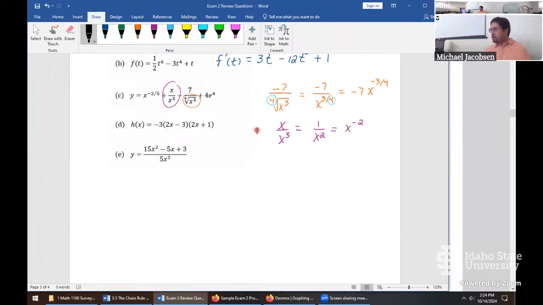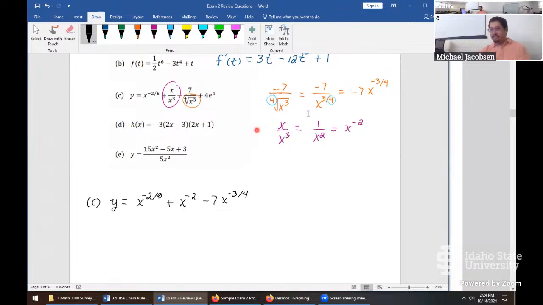Okay, let me just rewrite the problem down below, on part C. With the work we did, y is now equal to x to the power of -2/5 plus x to the power of -2, and then that's a minus, isn't it? -7 x to the power of -3/4.